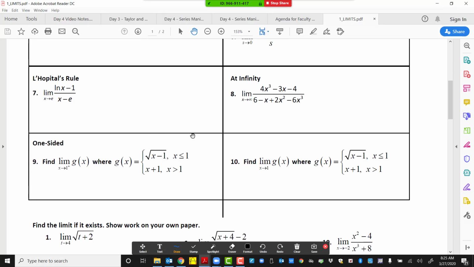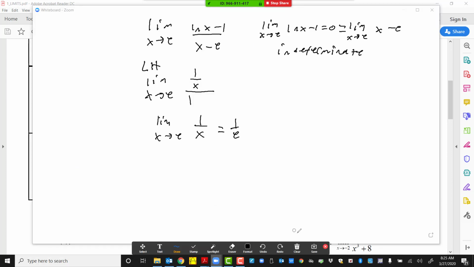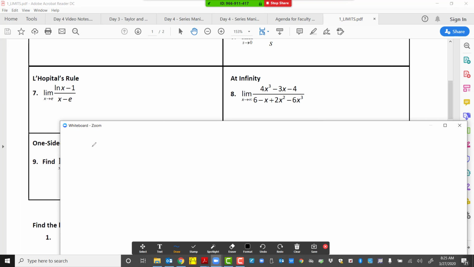All right. Now we move to limits at infinity. These we have 3 ways to do, and we're going to look at all 3 of them. Let me make sure I write all of this. So we have the limit as x approaches infinity of 4x cubed minus 3x minus 4 over 6 minus x plus 2x squared minus 6x cubed.